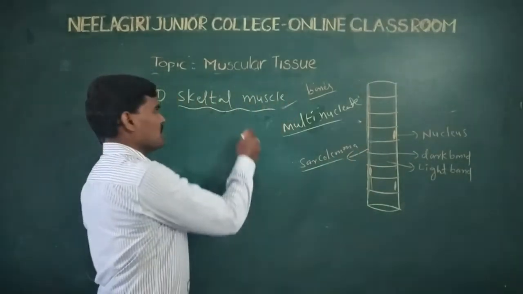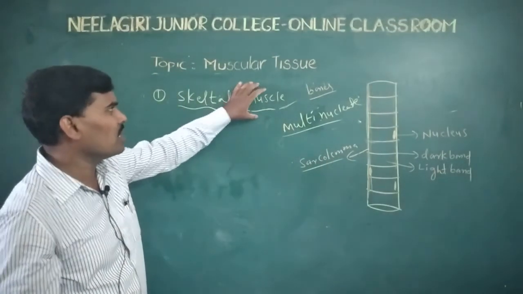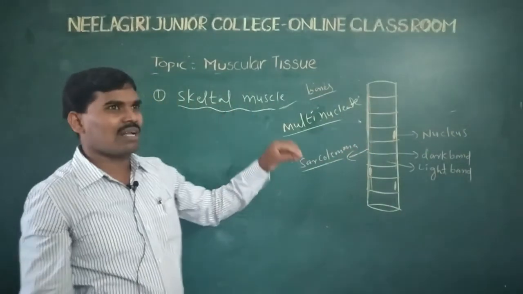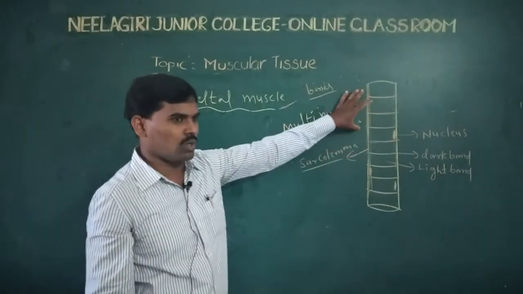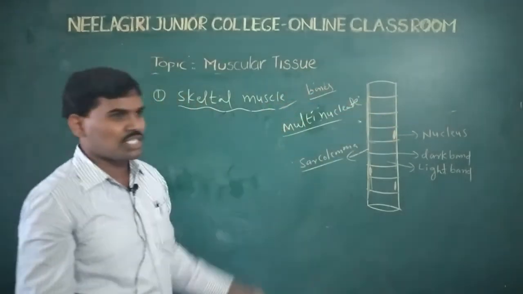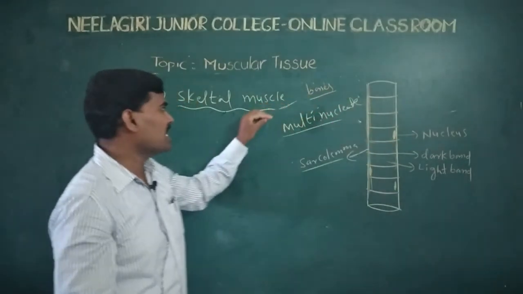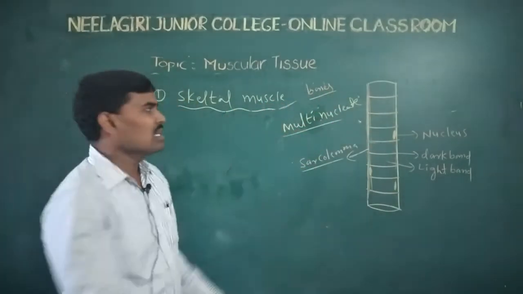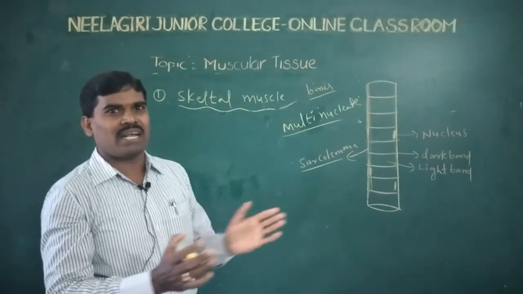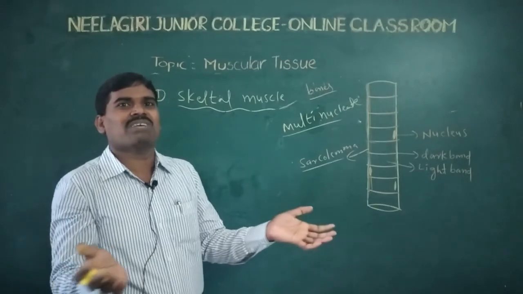This type of muscle plays an important role under conscious control. The skeletal muscles are under conscious control. The skeletal muscles easily shorten, contract and relax, and quickly fatigue.